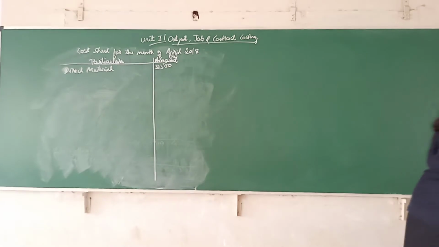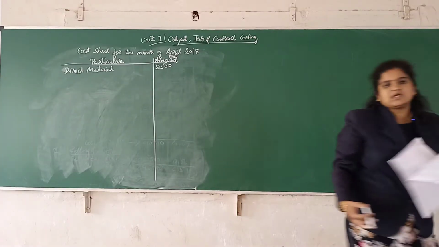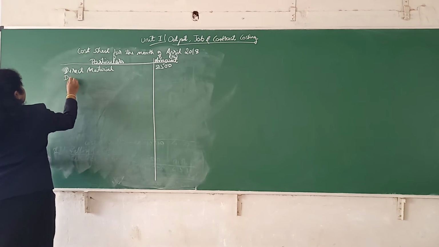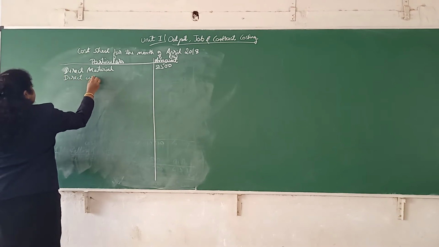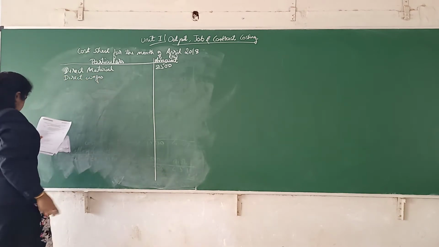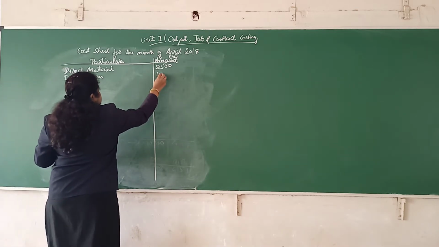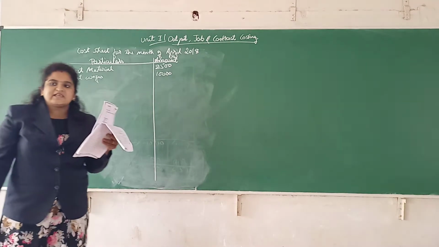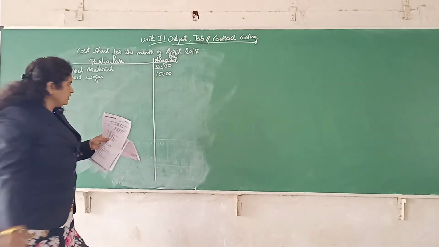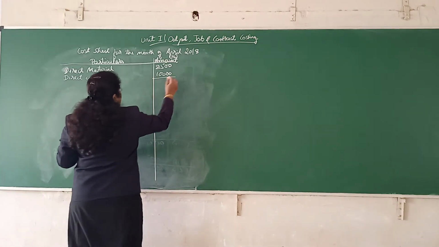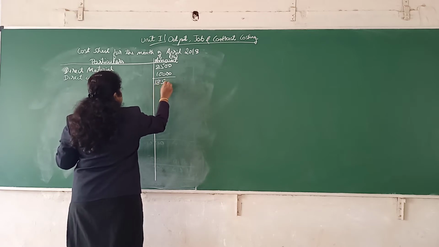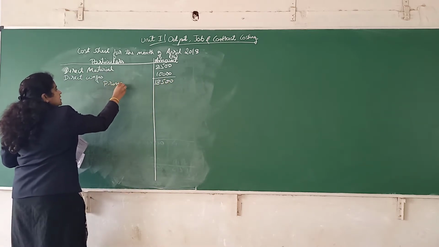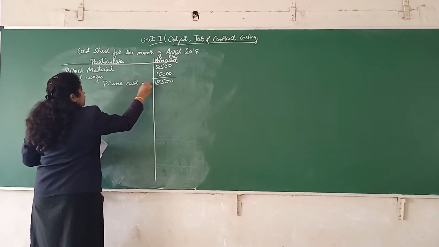Then direct wages paid is 10,000. Direct expense is not given. Added, 18,500. This is called as prime cost.